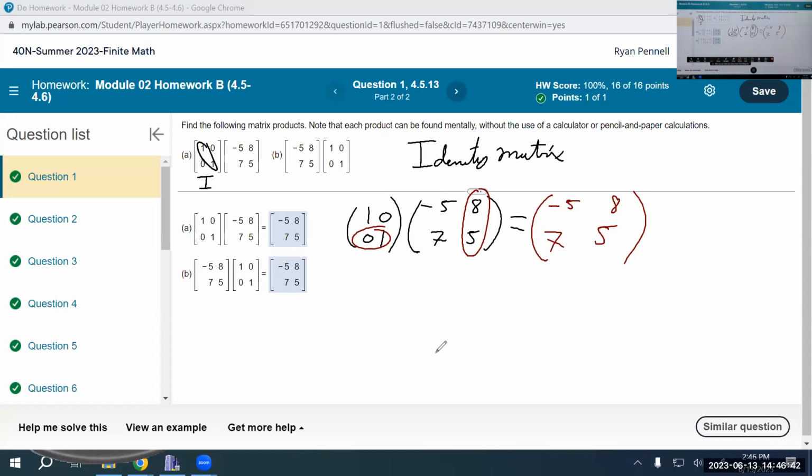And multiplying either way with the identity matrix works the very same. So even though this is the identity matrix, which I'll use a capital I to represent, we still get it back. So if this is matrix capital A, A times I just equals A. Just like in high school or maybe middle school algebra, 1 times A equals A, where A is some real number.